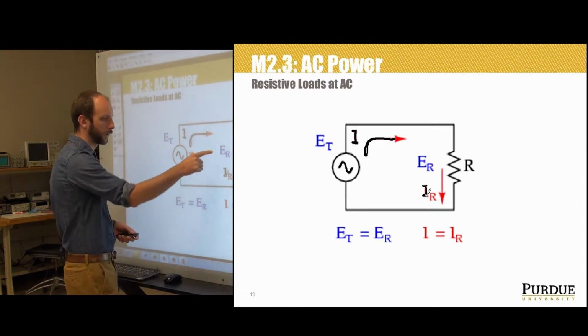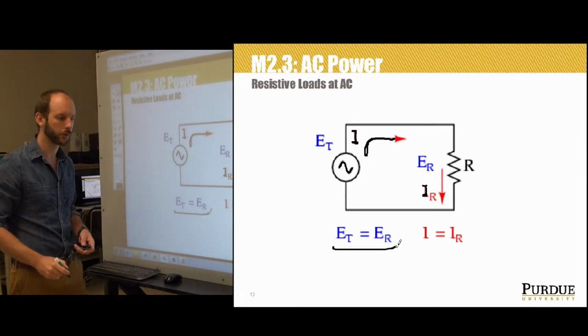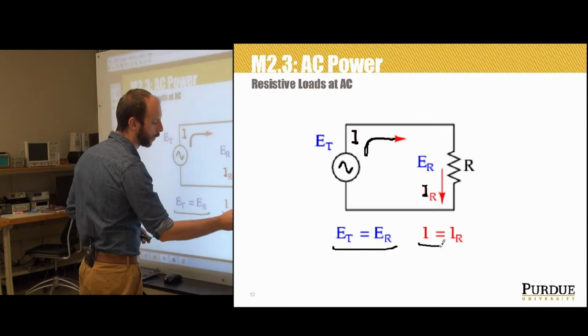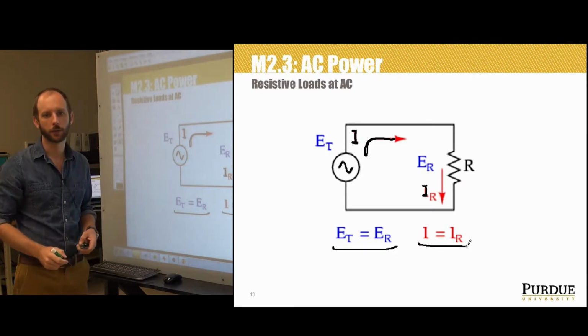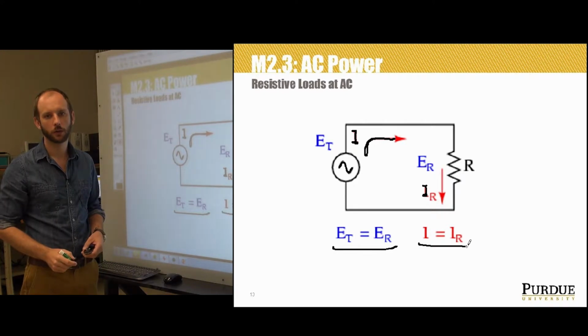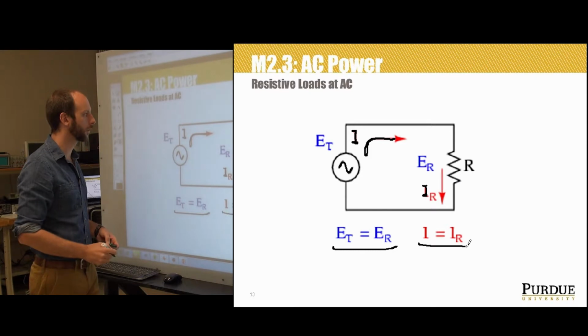So we know that because they're in parallel, the voltage across the resistor and the voltage of the source are the same. And because there's only one loop, the currents have to be the same. So what we can do is use this model to rewrite Ohm's law for AC circuits.